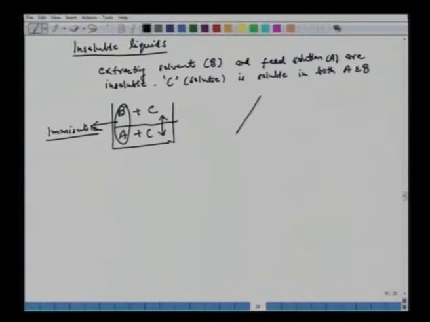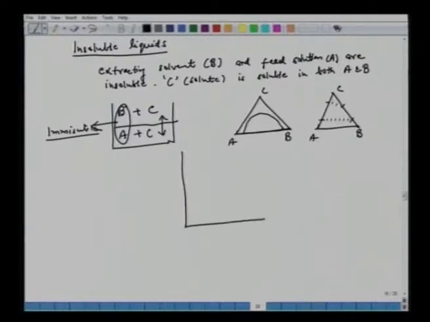Recall in earlier cases we worked on this triangular graph like ABC, but now we are saying that A and B are insoluble. So you do not have any intersection here. Generally, if this is C and A and B, you take A and C, then there will be some phase diagram intersections like this. In other words, this is a much simpler case, and an equilibrium curve like y versus x should be sufficient.